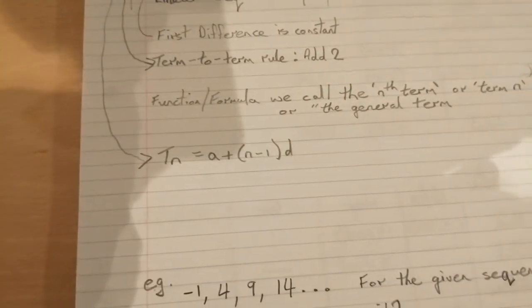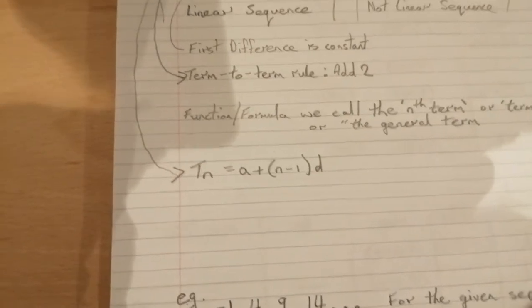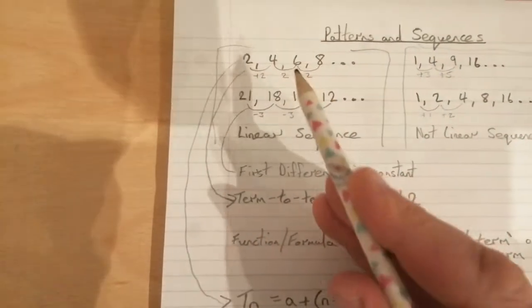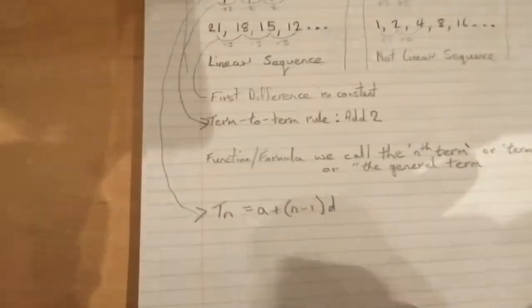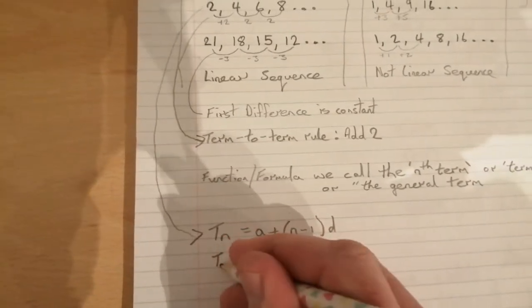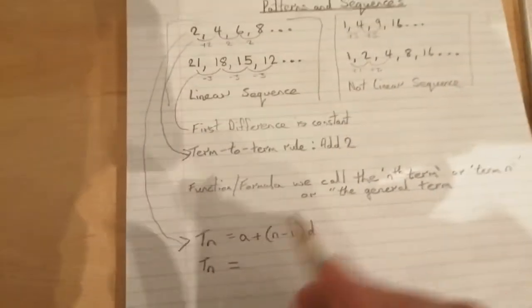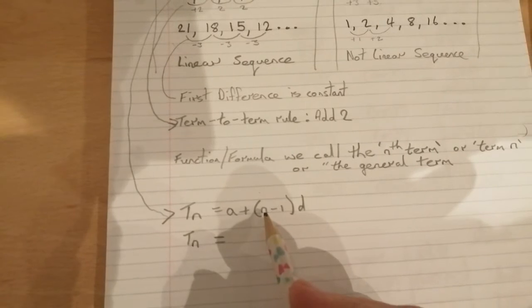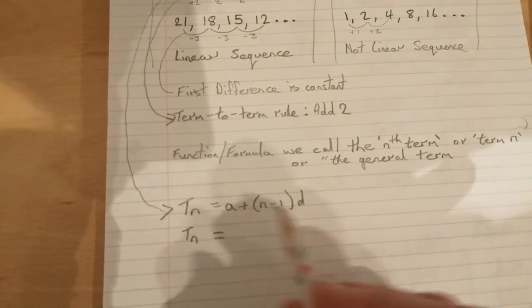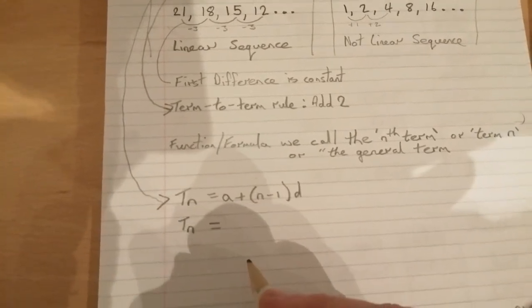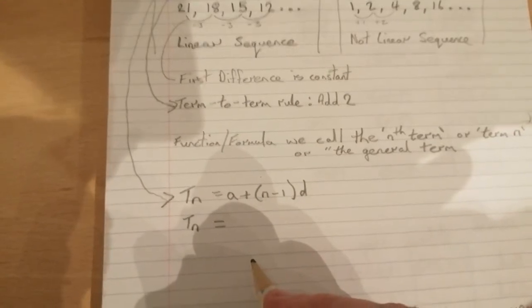That's your formula. Now let's sub in values so that we're working out the formula for this. Again, we're not going to sub in anything for the n's here. It's just the a and the d when we're trying to get the formula. And we'll see in a minute what we'll use the n for.